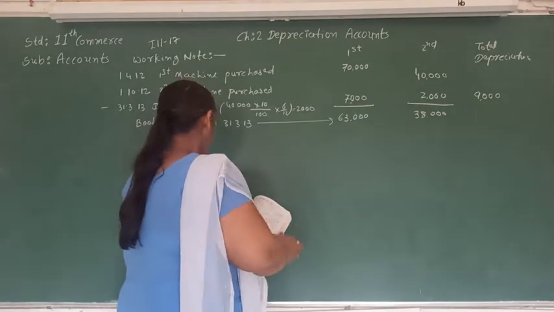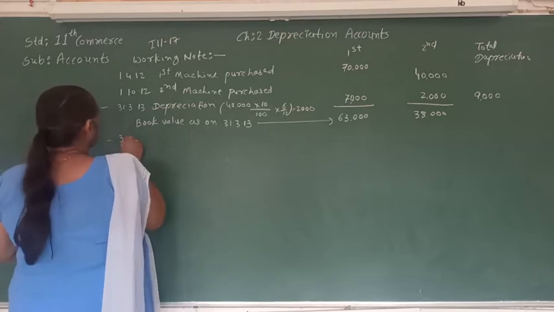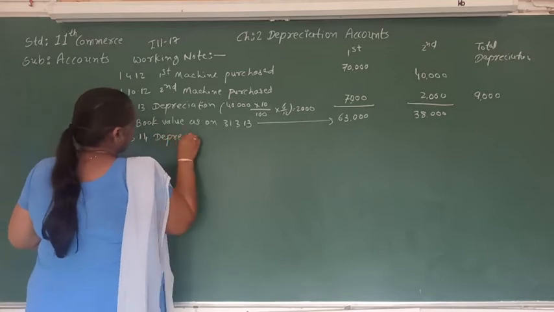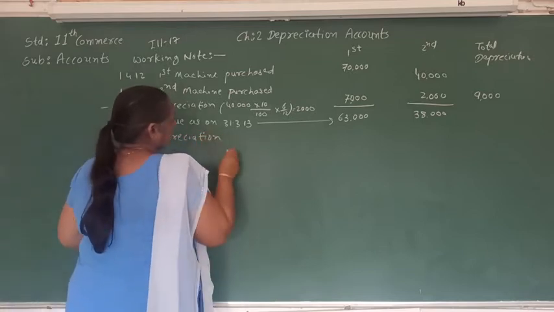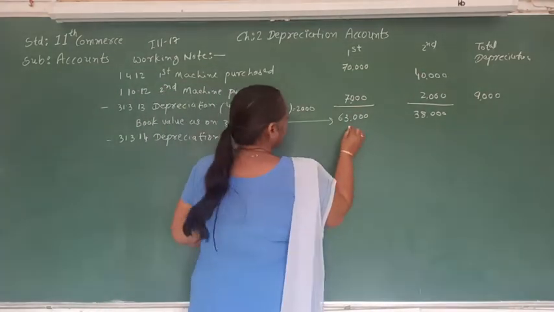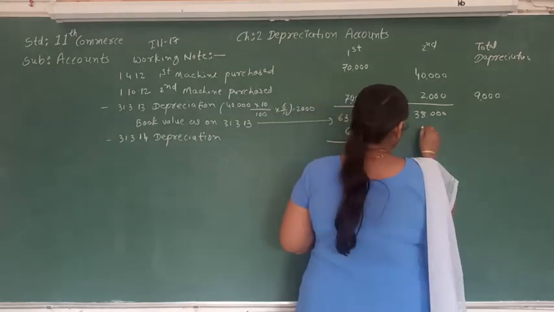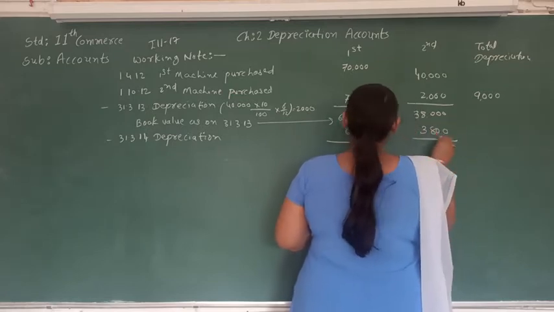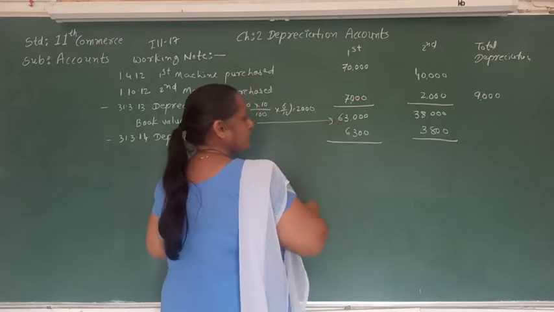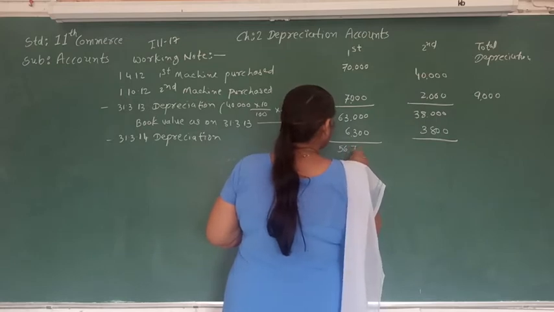Now, let's see the second year. At the end of the second year, that will be on 31st/3/14, let's calculate depreciation. Again, as it is the reducing balance method, here it will be 6,300, and here it will be 3,800. From 63,000, if we deduct 6,300, the balancing amount will be 56,700.